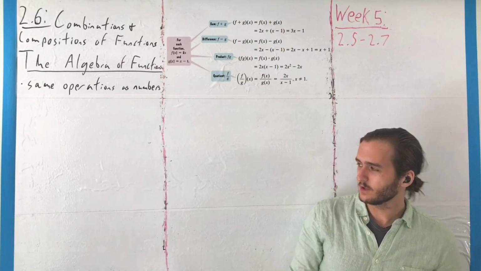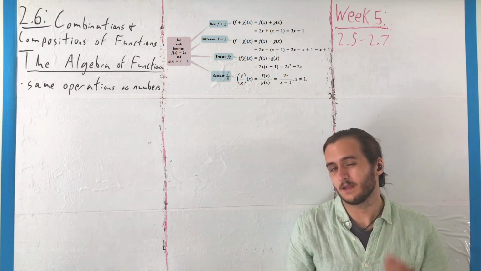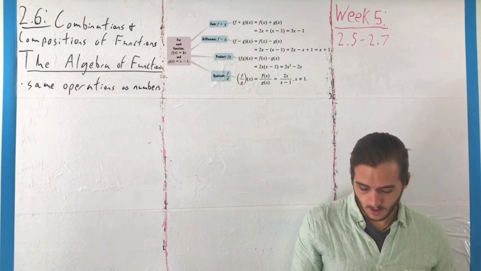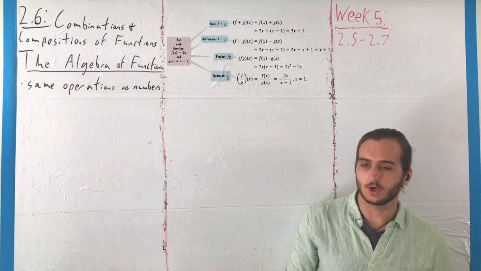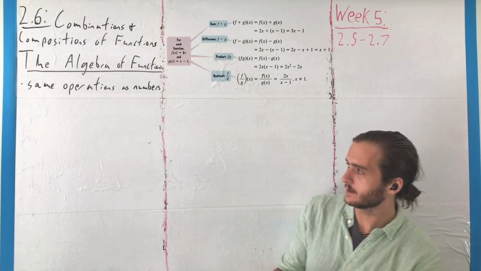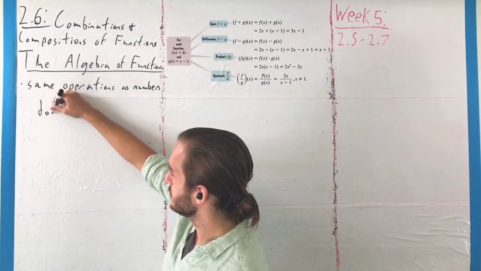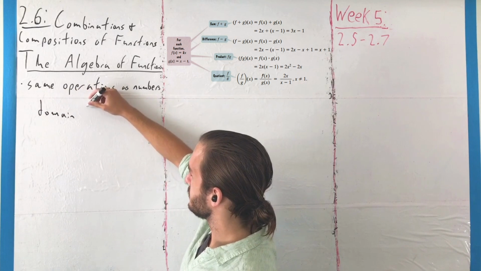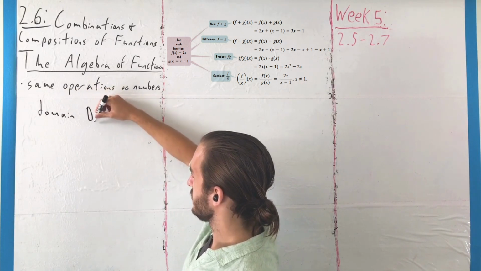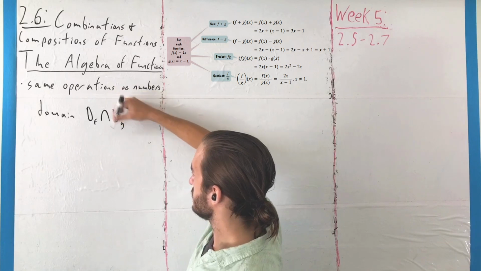So it really works in exactly the way you'd expect, except that with that division case, you'd be a little bit careful about division by 0, where we have that the domain for a pair of functions like this, the domain for the combination, is going to end up being the domain for f intersected with the domain for g.